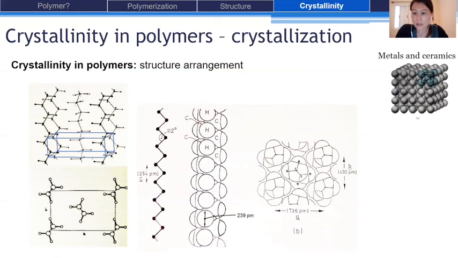Instead of that, it will be the molecular chains. So you can see the representation on the left part of the slide, and you can see the structure formed in this polymer. We represent the chains that are forming this arrangement, this crystal.